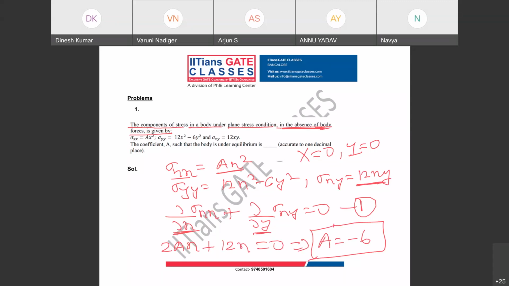Now tell me, was it a tough question? It came for 2 marks, guys. Was it tough? No, sir, it's very easy. Were you guys knowing these concepts prior to this class? Anyone knowing the equilibrium equation prior to this class?